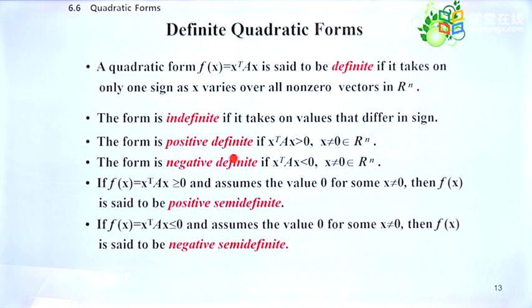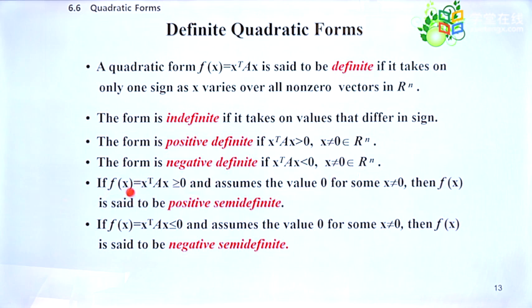And the form is positive definite if x transpose times A times x is greater than 0 for any non-zero x in the Rn space. And the form is negative definite if x transpose A times x is less than 0 for any x not equal to 0 in the Rn space.